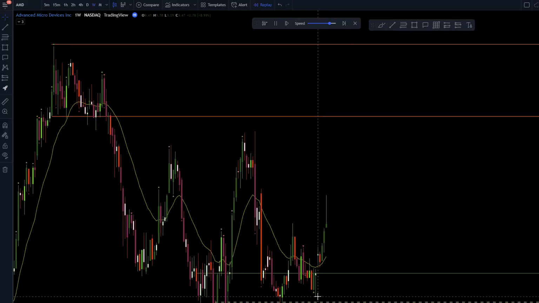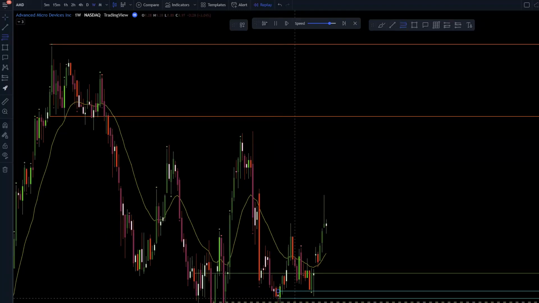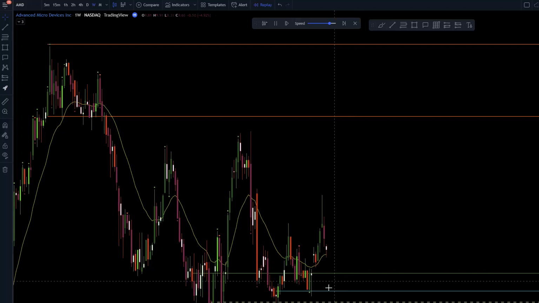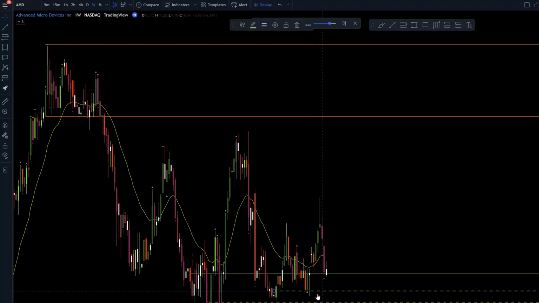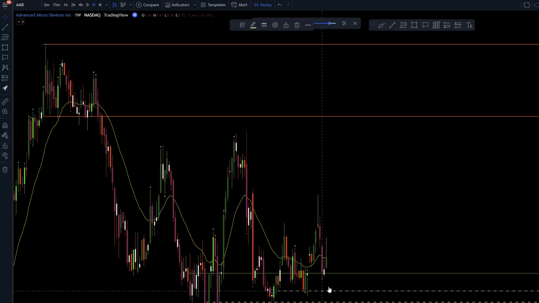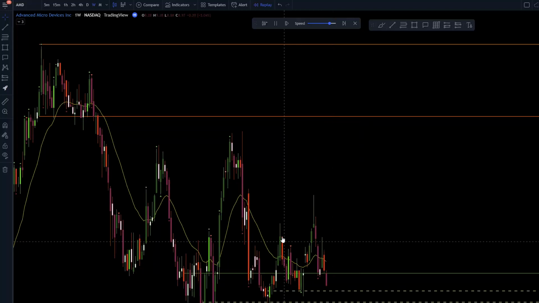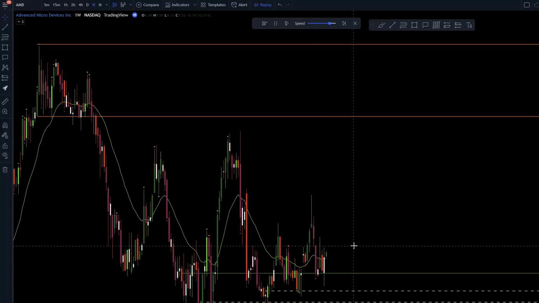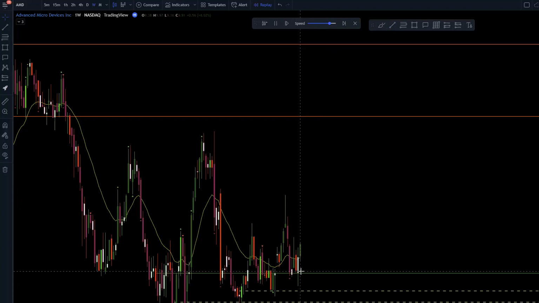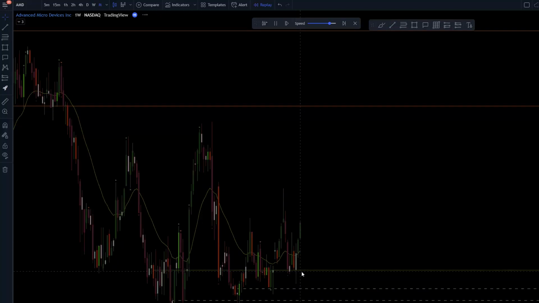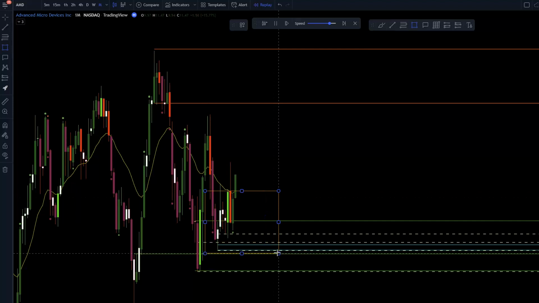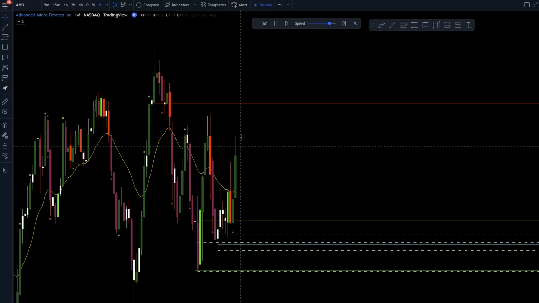Looks like this is working, but we did not take this trade. Consolidation going on. It has worked now. Yep.